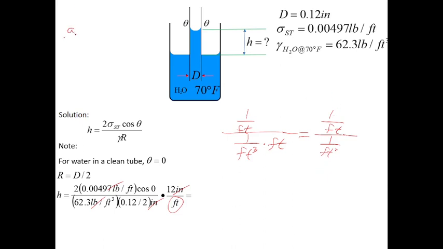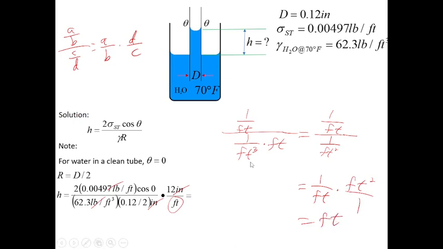If you have A over B divided by C over D, that is simply A over B times D over C. That is basic in algebra. So now you have 1 over foot times foot squared over 1, and foot squared over foot. That's it, so the unit is foot.